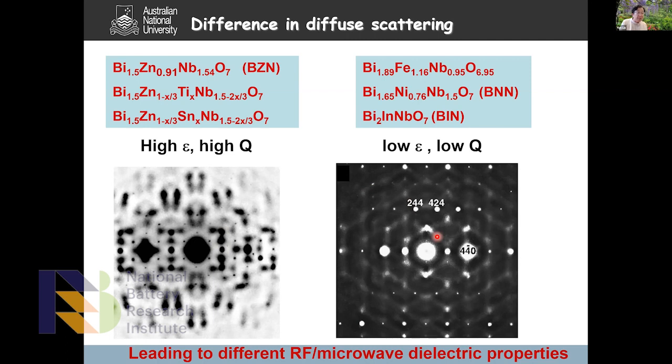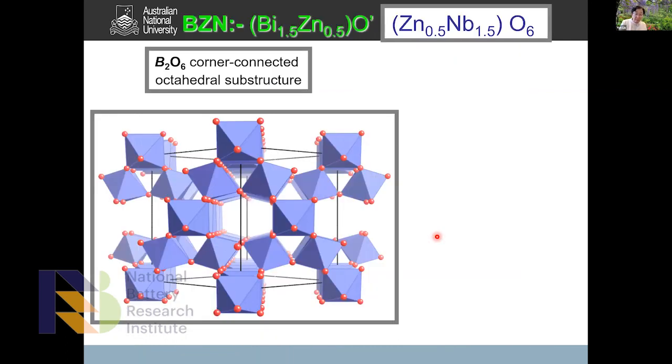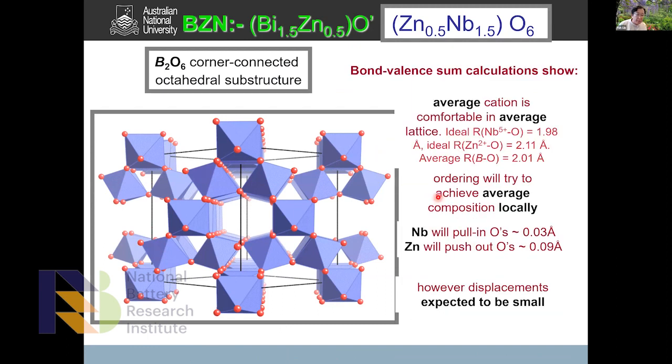So when we look at this octahedral structure to see what happened: if you look at the average, the B-oxygen bond length is about 2.05, and the niobium, or zinc in this case, has 1.98, 2.911. It's very close to the average structure. So that means they are pretty much happy where they are.